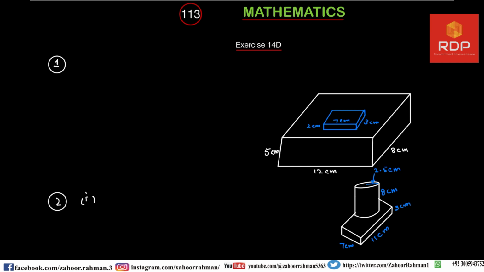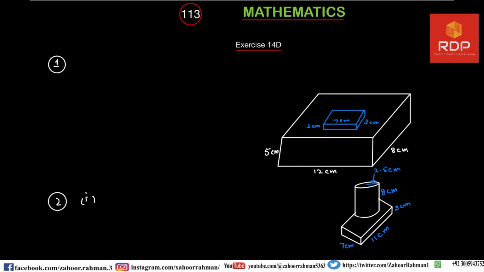A solid is made up of a cuboid with dimensions 7 cm by 3 cm by 2 cm and another bigger cuboid with dimensions 12 cm by 8 cm by 5 cm.